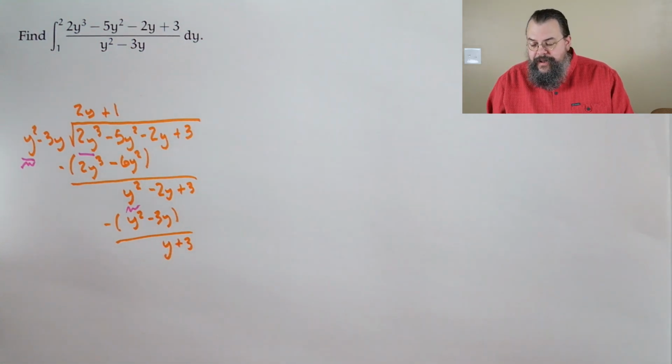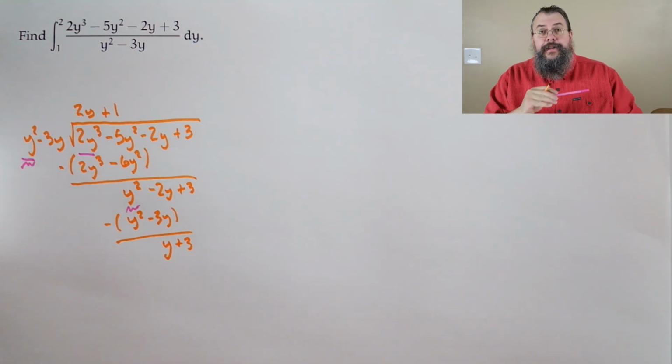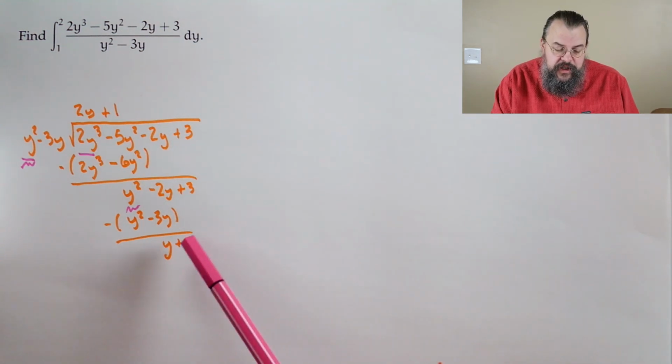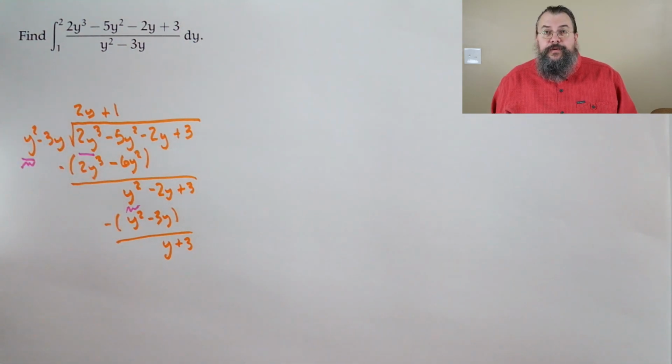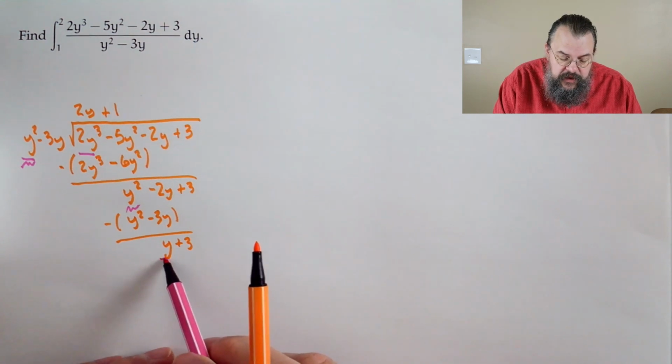All right, great. Now we can say, okay, y, stop, the game's over. As soon as the power here drops below the power there, we don't do any more division. We can't. This part right here is our remainder.